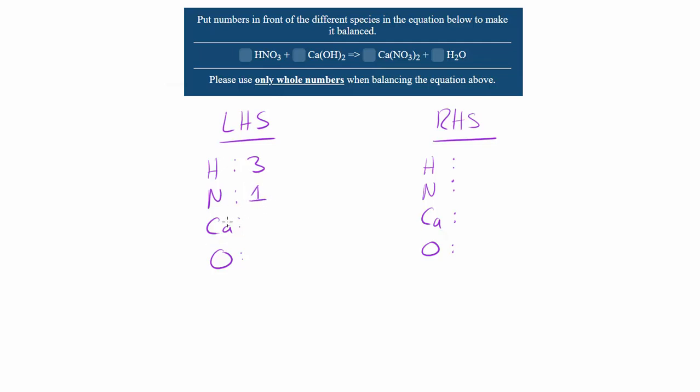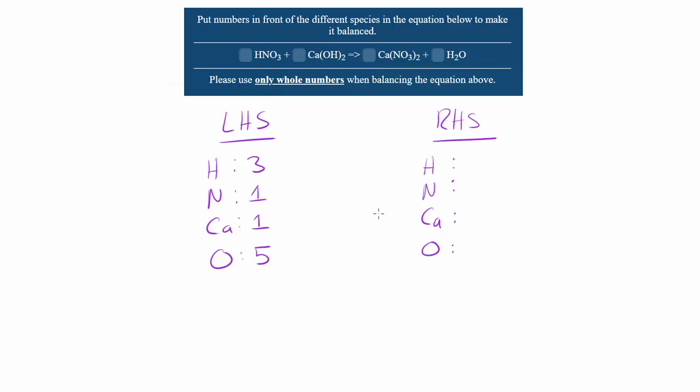For calcium, we've got CaOH2, so you've only got 1 Ca. For oxygen, we've got 3 oxygens in HNO₃, and within CaOH2 we've got 2 oxygens. So 2 plus 3, you've got 5 oxygens.